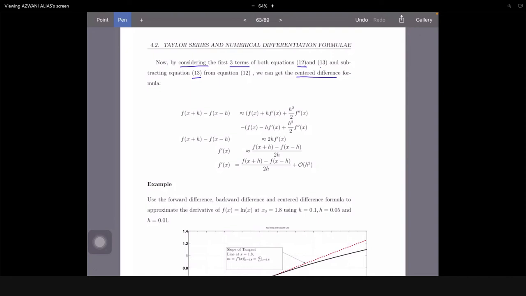So from the Taylor expansion of the two functions with different signs, we take the first 3 terms. That is the first 3 terms of f(x plus h) minus the first 3 terms of f(x minus h). Then we rearrange.